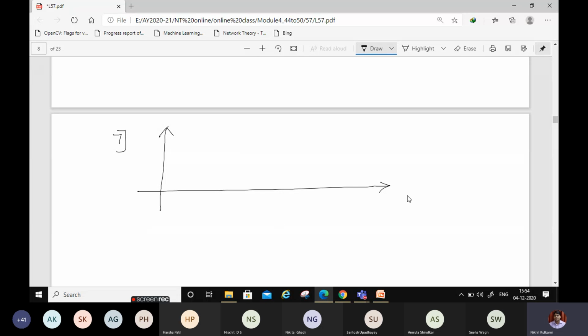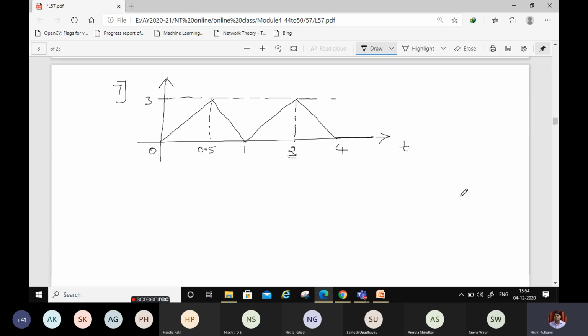Okay. So if you have a signal given to you like this, here it is 0.5, 0, 1, now this is 2. Observe here, it is 2 and 4. So how to model this?